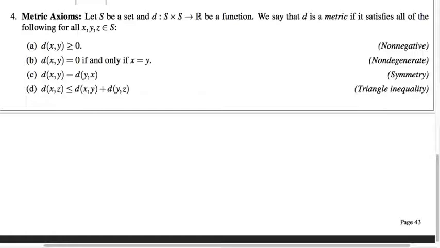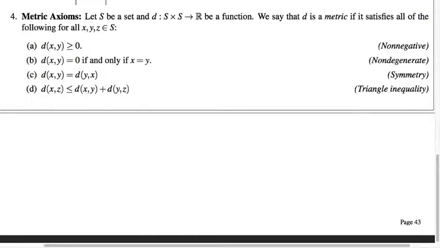That if I have 2 elements and I can show that the distance between them is 0, then I can conclude that those 2 elements are the same element. Right? So it needs to go both directions. The distance between anything and itself is 0, and whenever the distance between 2 things is 0, those 2 things must have been the same. That's the second axiom called the non-degeneracy axiom. d(x,y) is equal to 0 if and only if x and y are the same.